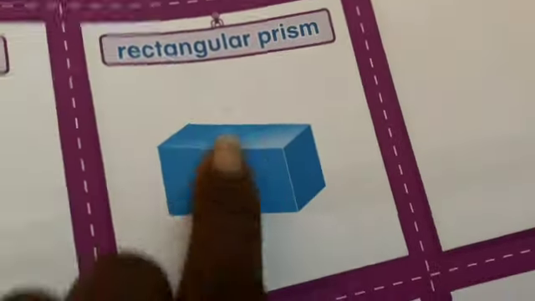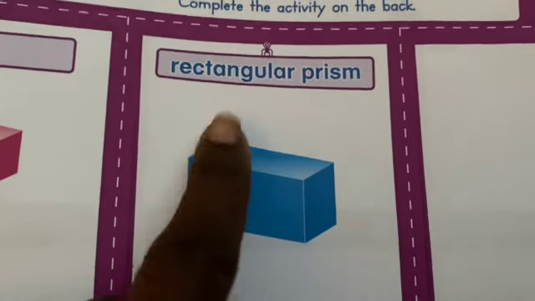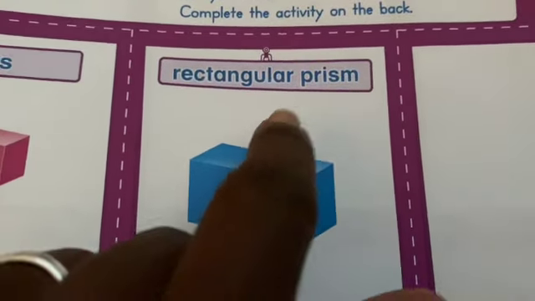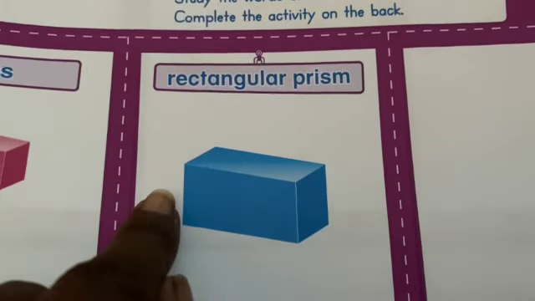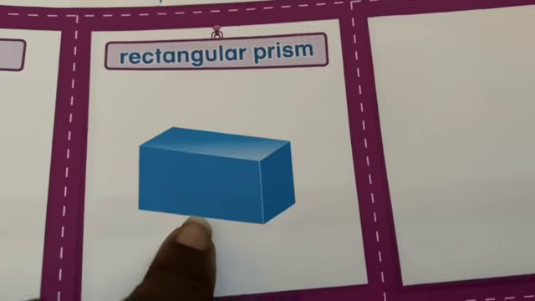Okay, so we're talking about a rectangular prism. Okay, so we see that it has 6 sides. 1, 2, 3, 4, 5, 6. Now, how many edges does it have?